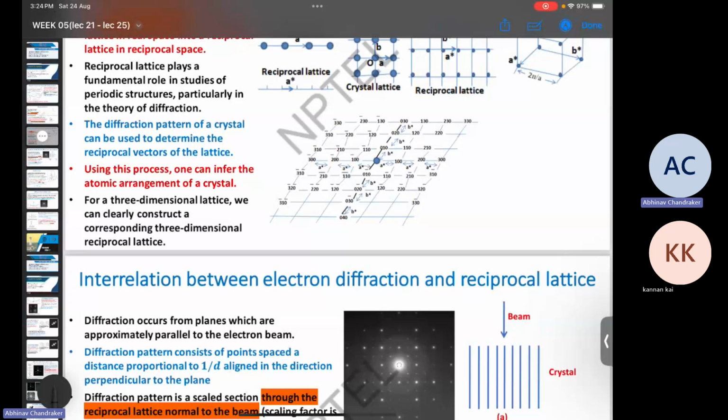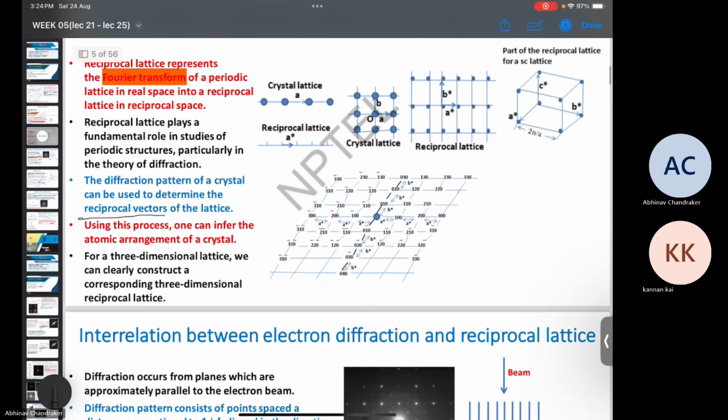And so every plane has a corresponding diffraction vector or reciprocal vector in the reciprocal lattice or reciprocal space. So there you can do a one-to-one mapping between the real space and the reciprocal space.